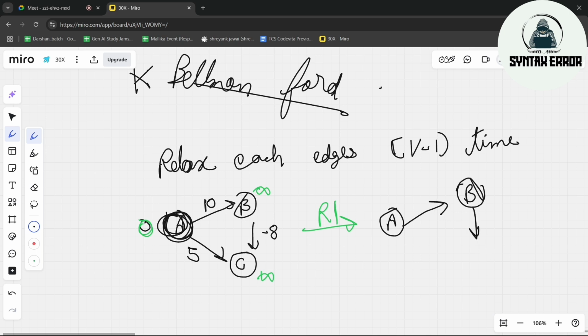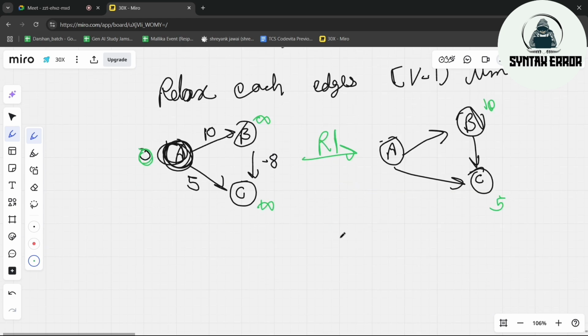A is connected to B, B is connected to C. So now we have to update this one as 10. Why? Because the condition d of u plus c of u comma v is less than d of v is true. At that time we have to update d of v equals d of u plus c of uv. So in simple words, if this is 10, we will get 10. That's it. When it comes to this side, it will become 5.